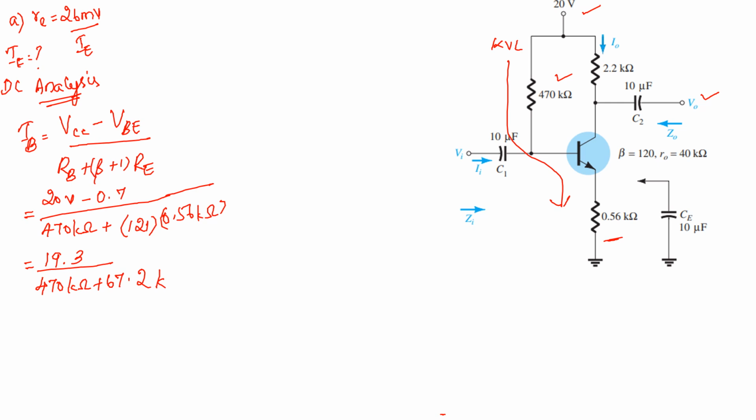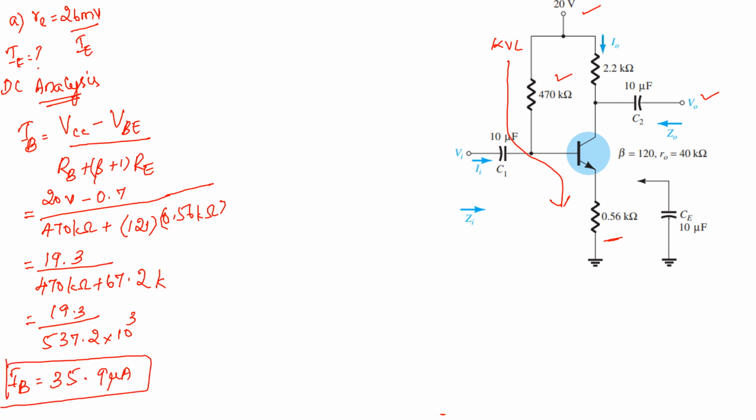After solving for 470 plus 67, you will be getting 19.3 divided by 537.2 into 10 raised to 3. So finally the answer will be IB is equal to 35.9 microampere. So now you have got the value for IB.